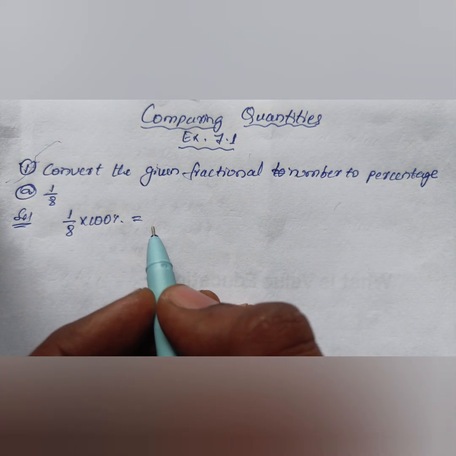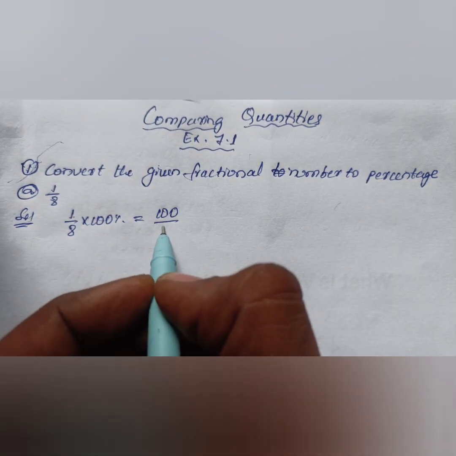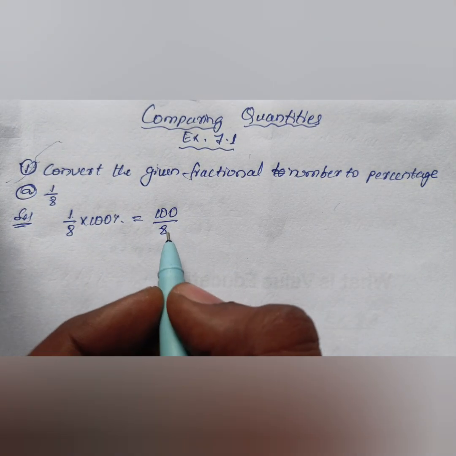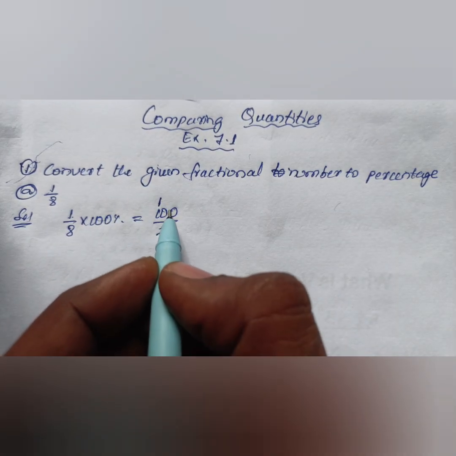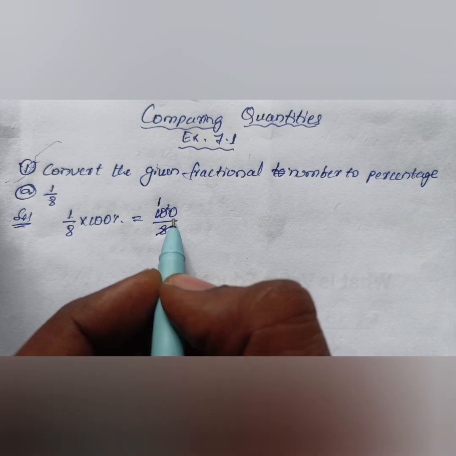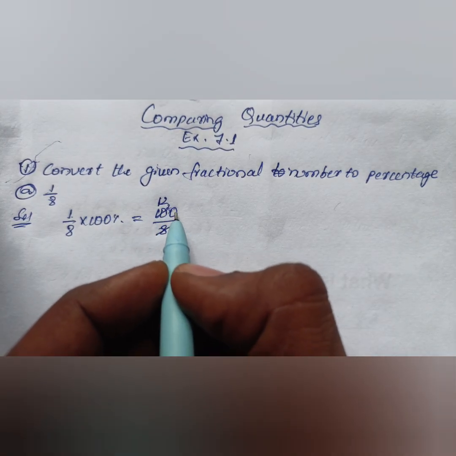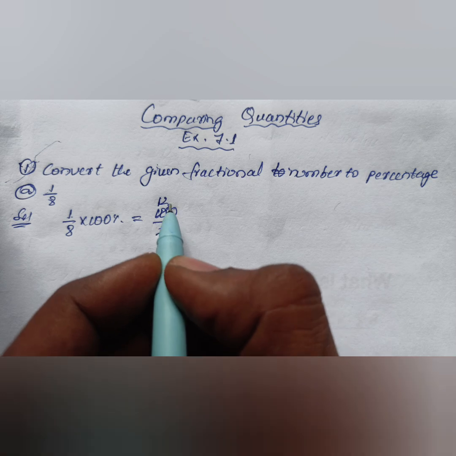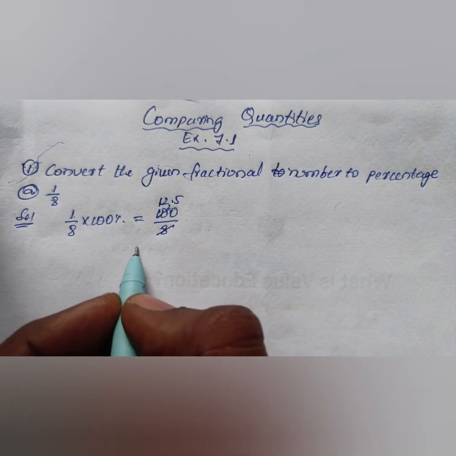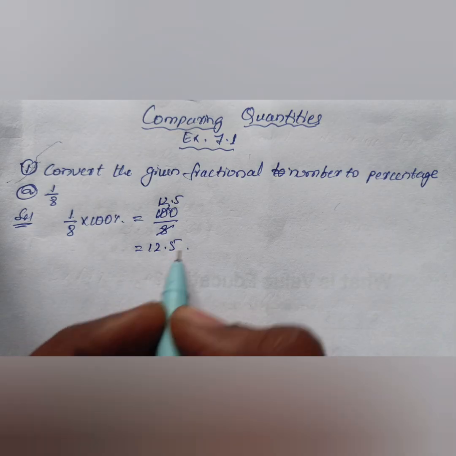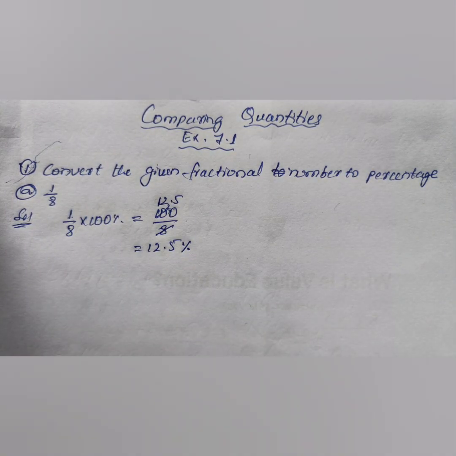So now 1 into 100 is 100 divided by 8. 8 ones are 8, 8 twos are 16, remainder 4. 4 does not go, so we take a 0; 8 fives are 40. So the answer will be 12.5 percentage. This is the answer.